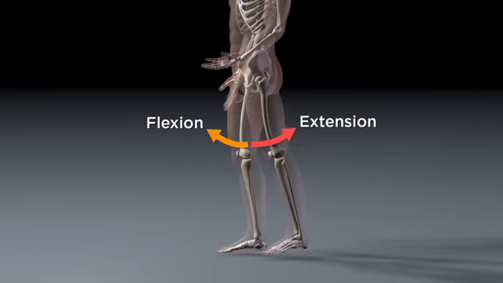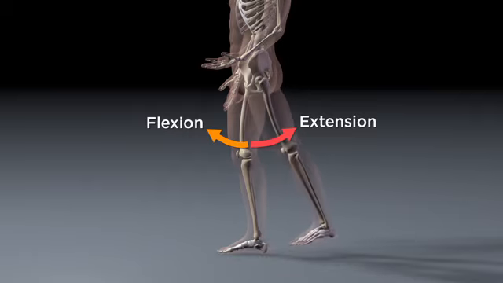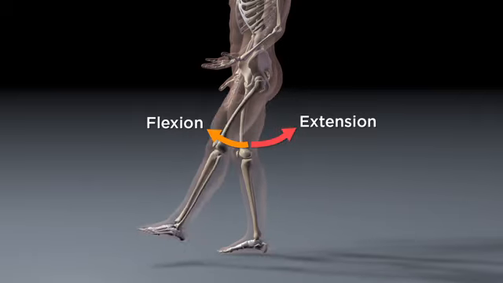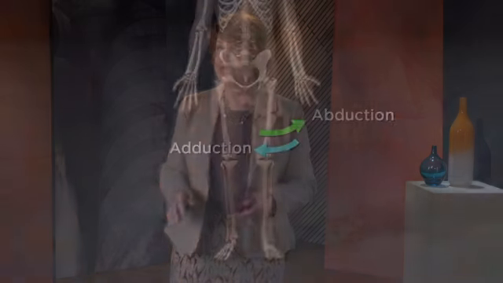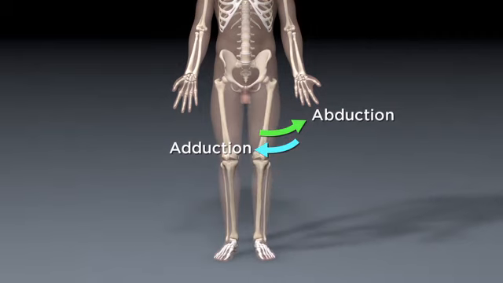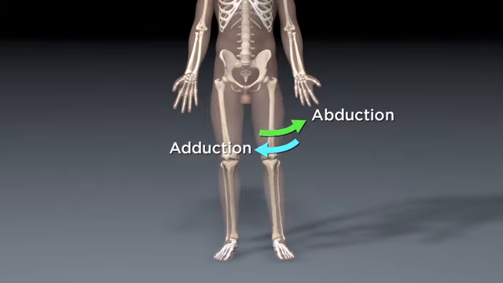Returning the hip to standard anatomical position or moving the straight limb back, like winding up to kick, is called extension at the hip. What would we call lifting the lower limb out laterally, away from the midline? If you said abduction, that's correct. Pulling the thigh toward the midline is adduction.